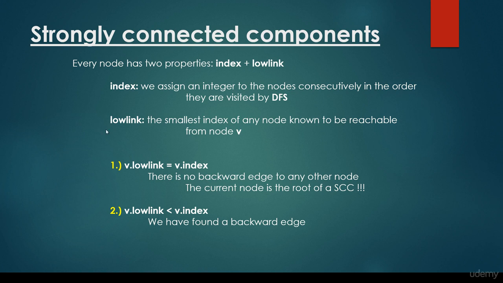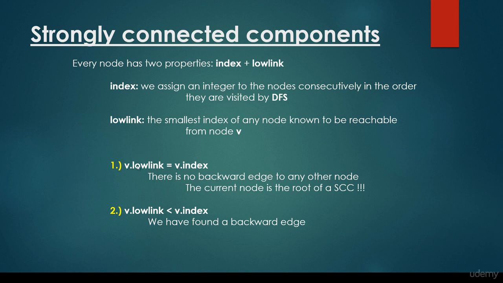In our implementation we just have the low link because the index is the integer we assign to the nodes consecutively in the order they are visited by depth-first search. The low link is the smallest index of any node known to be reachable from node V. Okay, we are going to implement it, so I'm not going to talk about it.